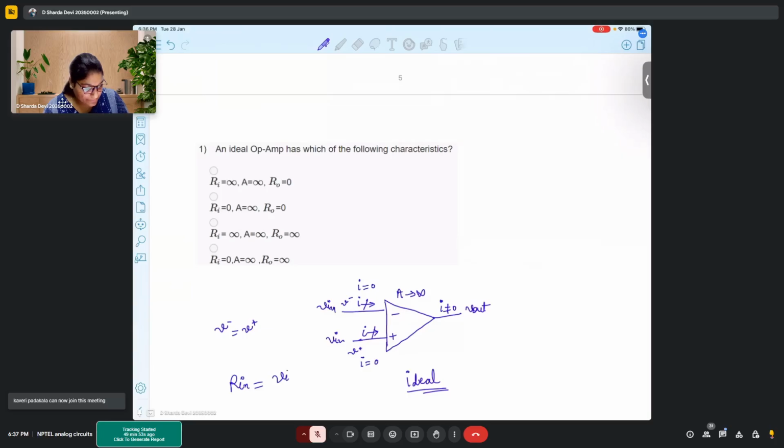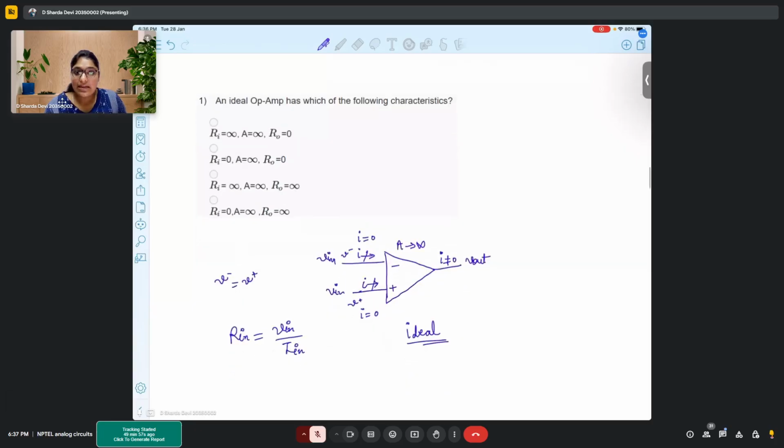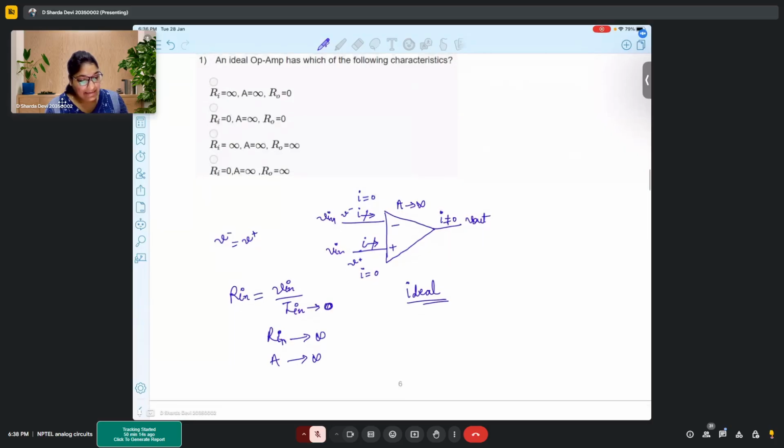Rin equals Vin by Iin, right? Now if Iin tends to 0, what happens to Rin? Rin will tend to infinity, correct? Second, we already know that gain tends to infinity, right? And practically speaking, Iout is never 0.